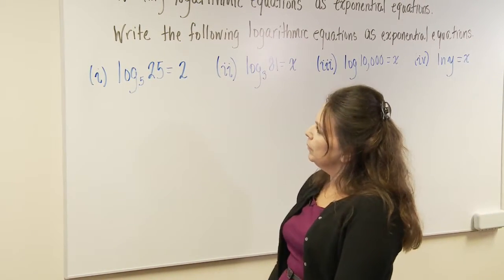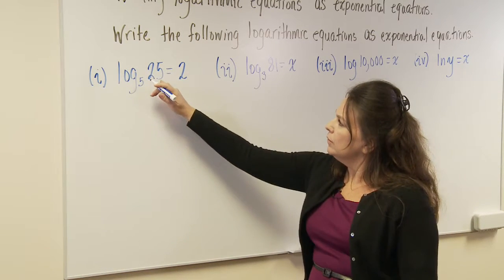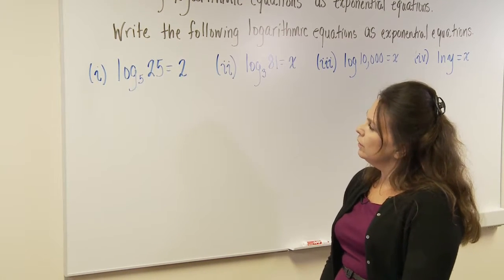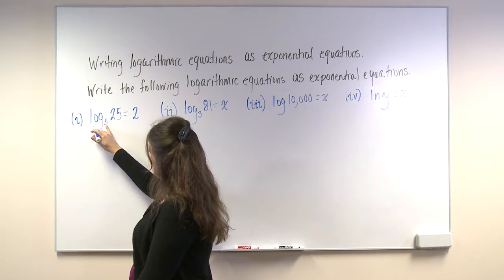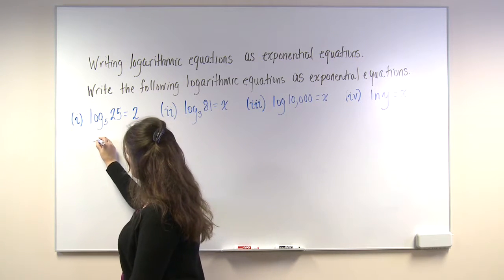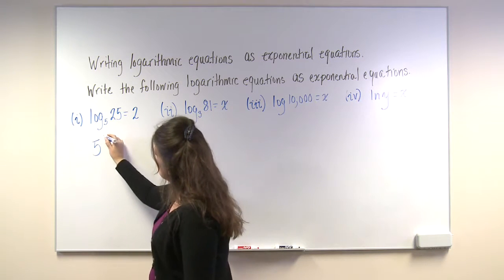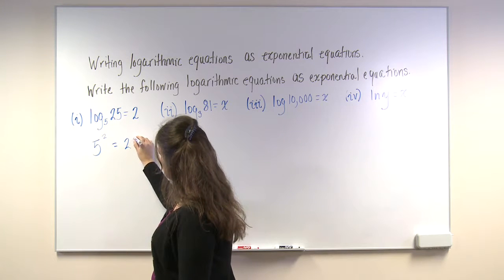So for the first problem, we have log base 5 of 25 is equal to 2. So here, our base is 5. So we want to take our base of 5 and raise it to a power of 2 is equal to the 25.